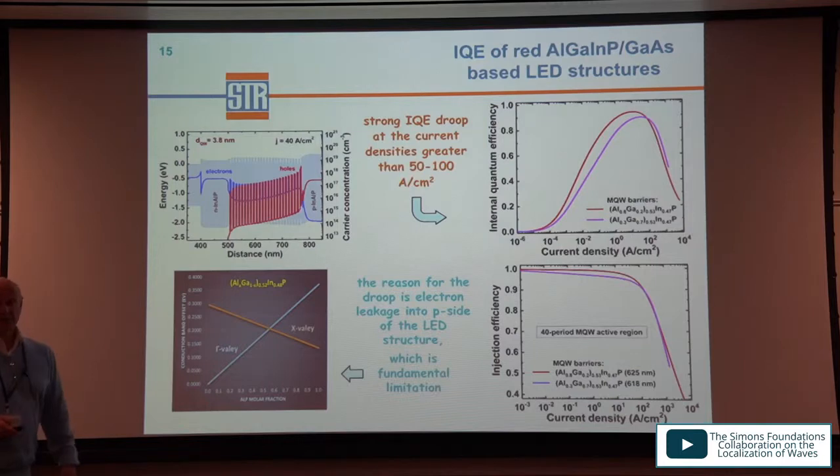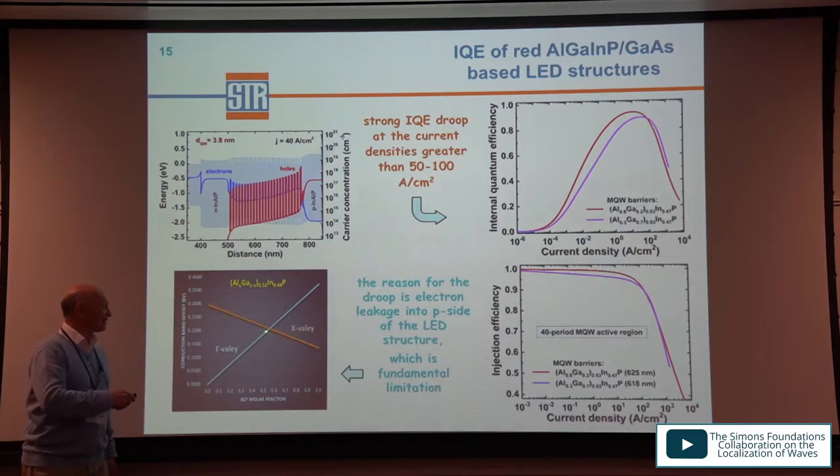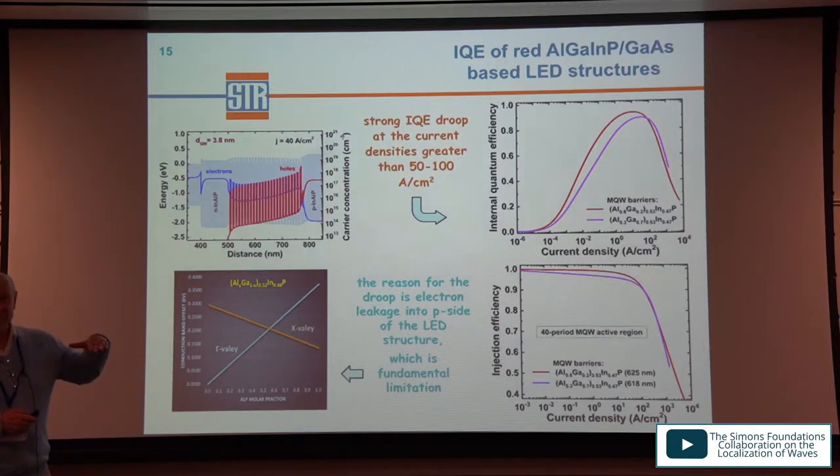This is a fundamental limitation, because if we consider the aluminum gallium indium phosphide materials from which the red LEDs are made, the conduction band offset is limited by the crossover between the position of the conduction band in the gamma valley and the X valley. This is the indirect band gap of the semiconductor.